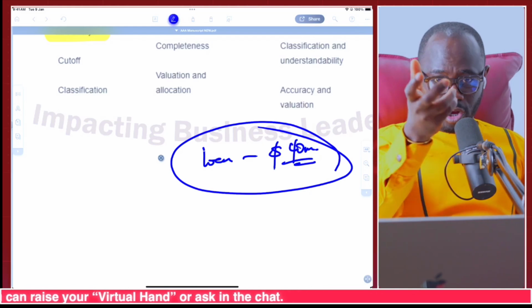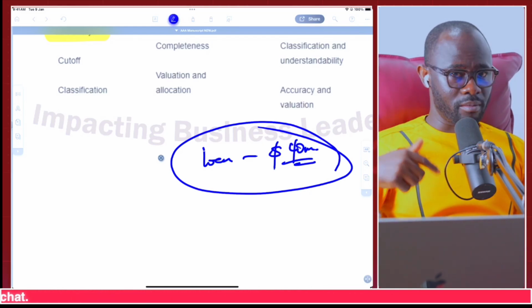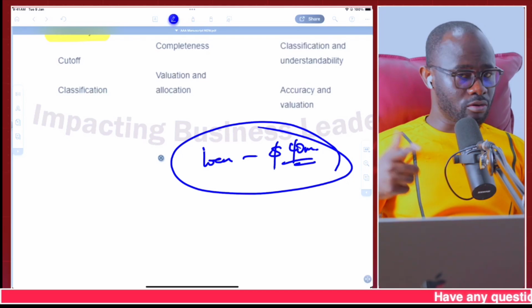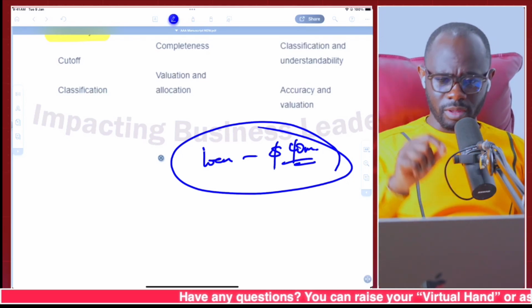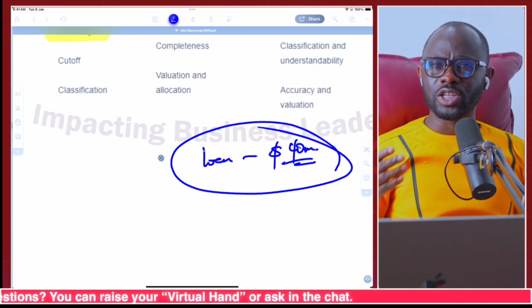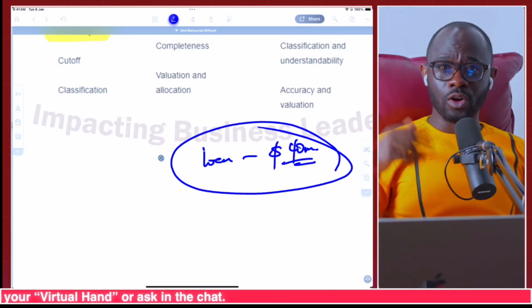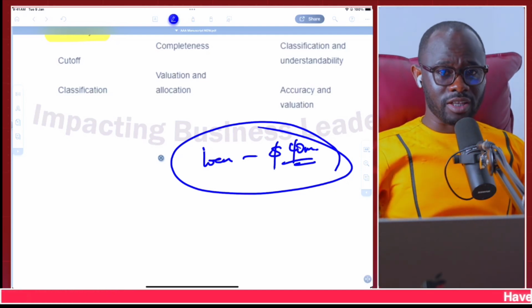Number two, obtain the loan documents to understand the terms of the loan, repayment, interest, collateral, and any other information. Number three, inquire from the bank whether the entity has obtained a loan, and if they have, how much was the loan, what was the term of the loan, and what was the collateral facility?